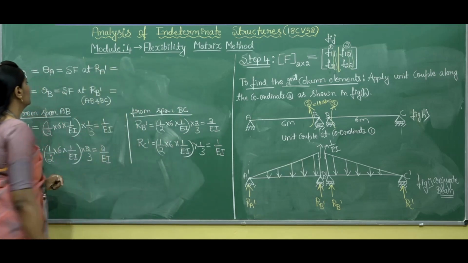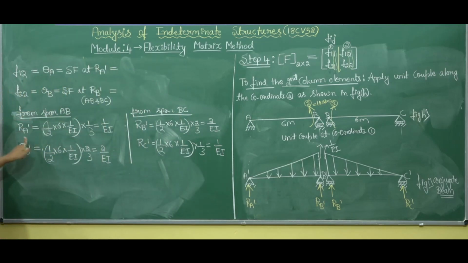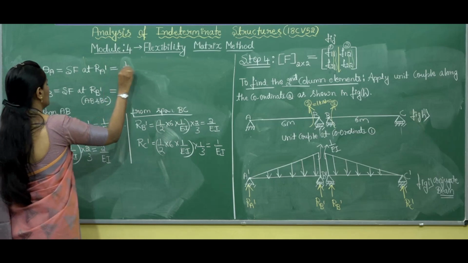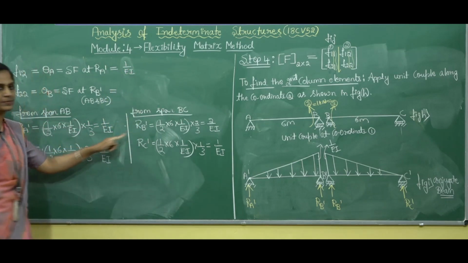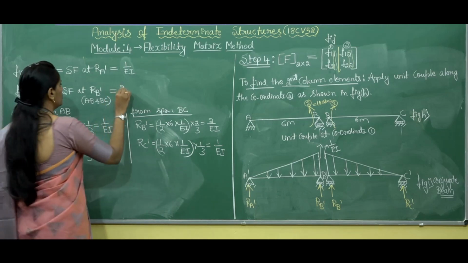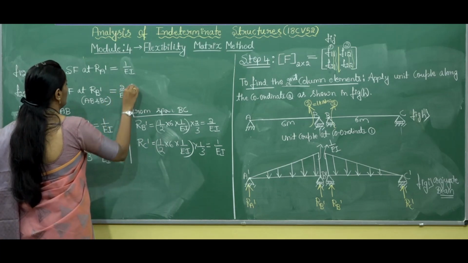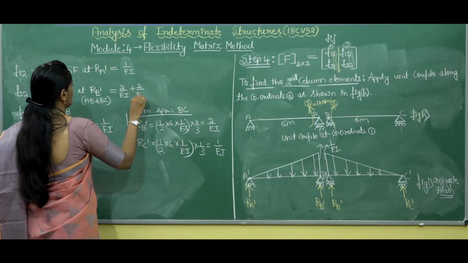So if you solve here, RA dash from span AB, it is 1 by EI, and RB dash from span AB and BC we have 2 by EI plus 2 by EI.